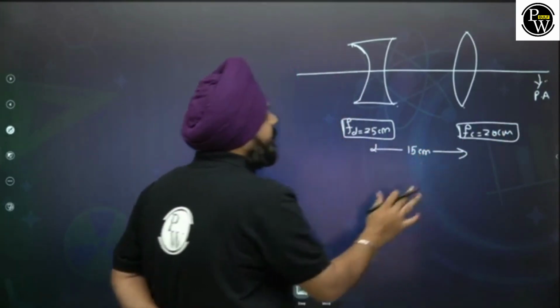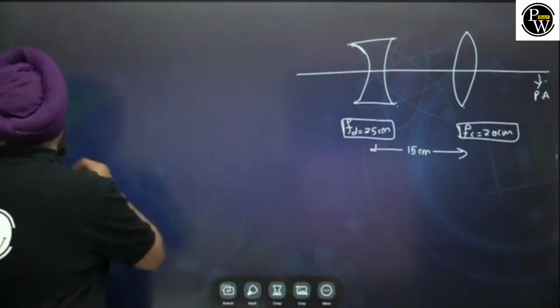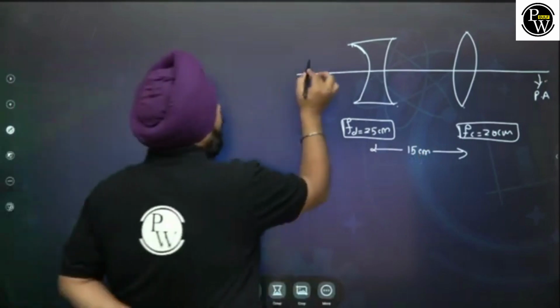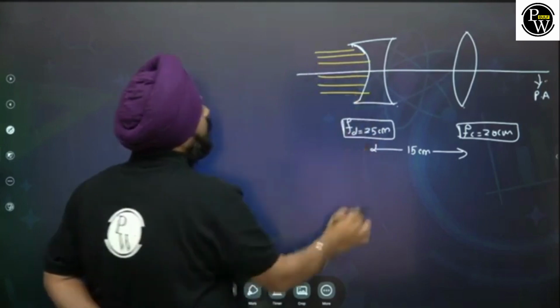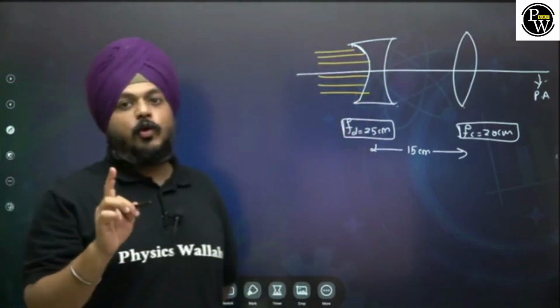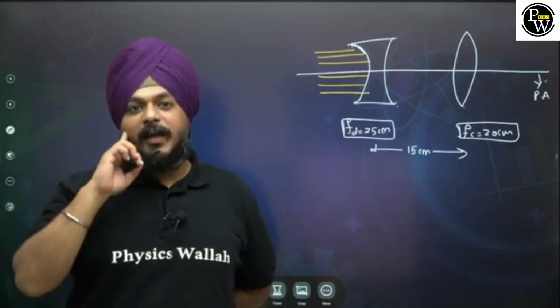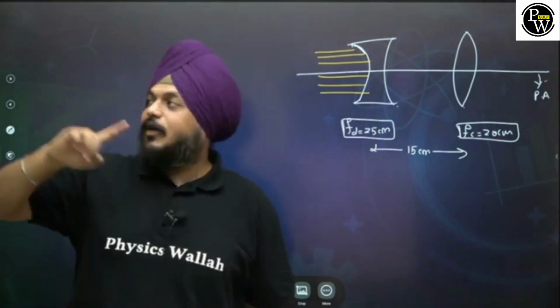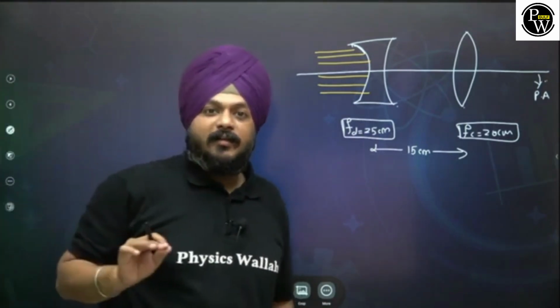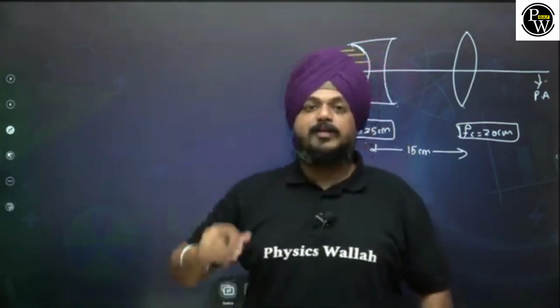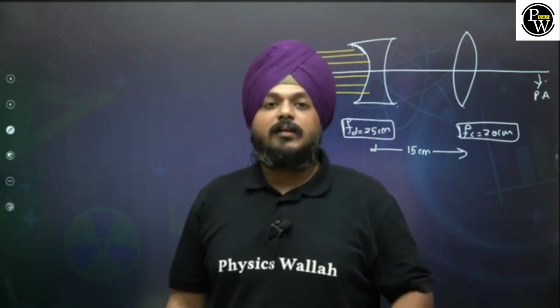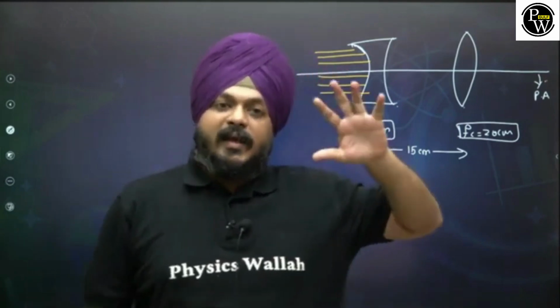This much data is given in the question, and with that it is also mentioned that the parallel rays of light are coming. See, one thing is for sure, if the parallel rays of light are coming, it means that the object is somewhere at infinity.